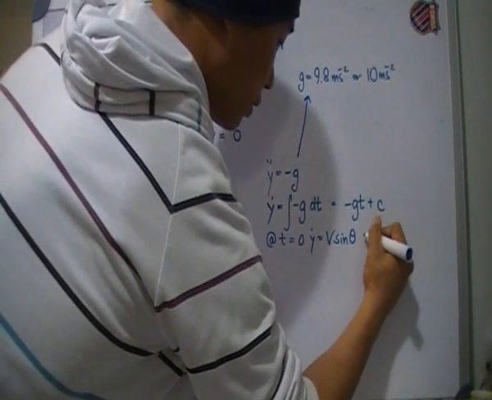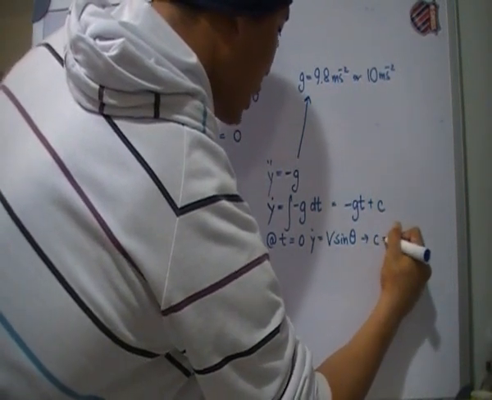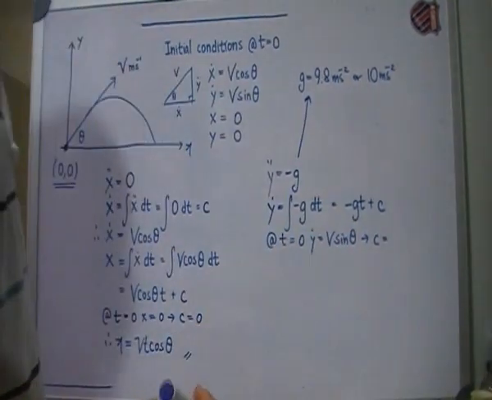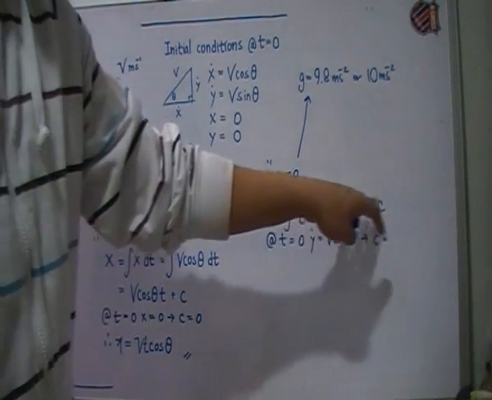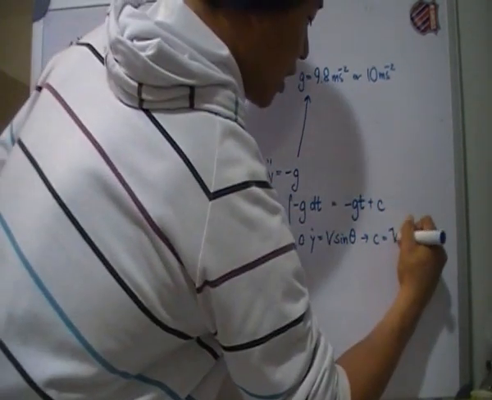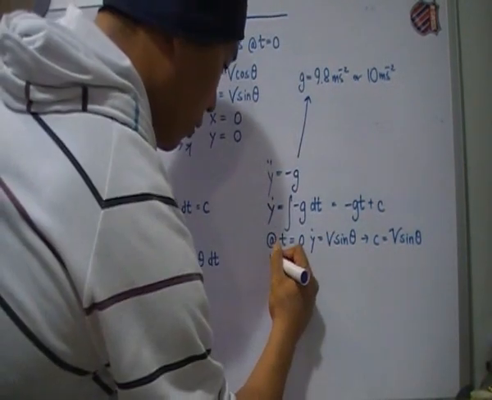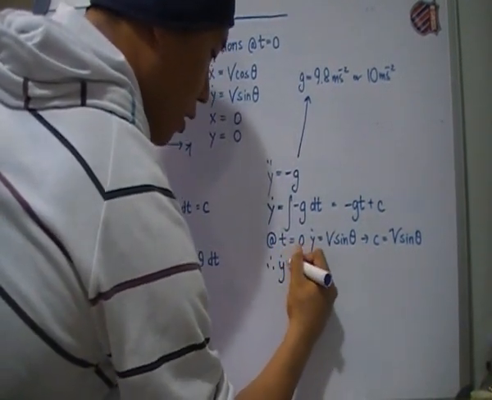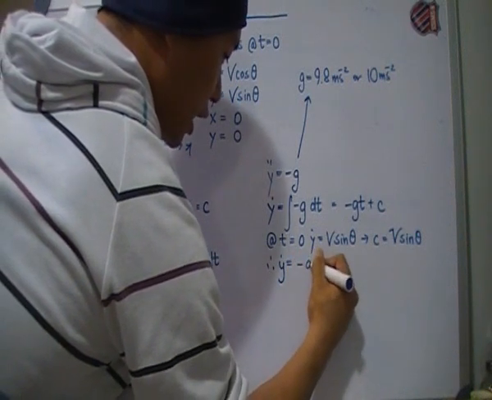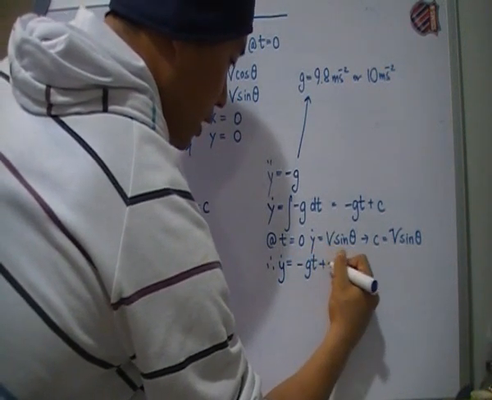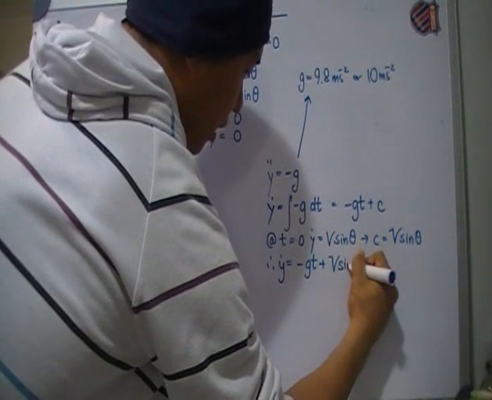If you sub that into the above, you get v sine theta equals 0 plus c, so c equals v sine theta. Therefore, the y velocity function is equal to minus gt plus v sine theta.